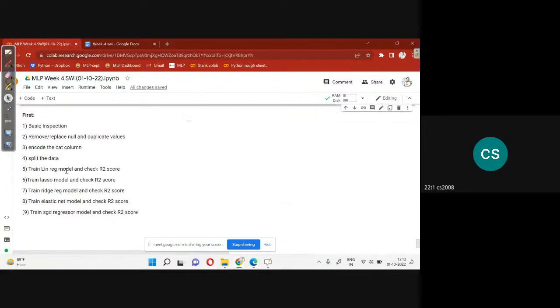Yeah, these things you have to do with this data set, and after these nine steps, you can do some featuring, like you can remove some columns which have very high multicollinearity or anything. Based on that, check whether your accuracy is increasing or not.